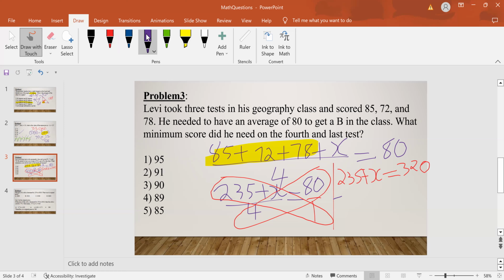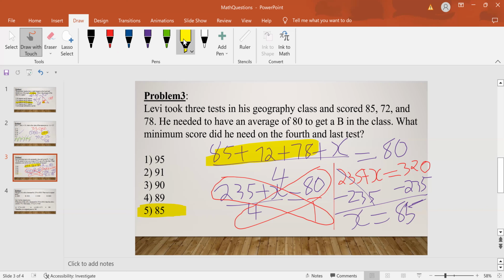We subtract 235 from both sides, so the 235 cancels out. So x is equal to 320 minus 235, which is 85. Therefore, the best choice is number 5. Okay. The next question.